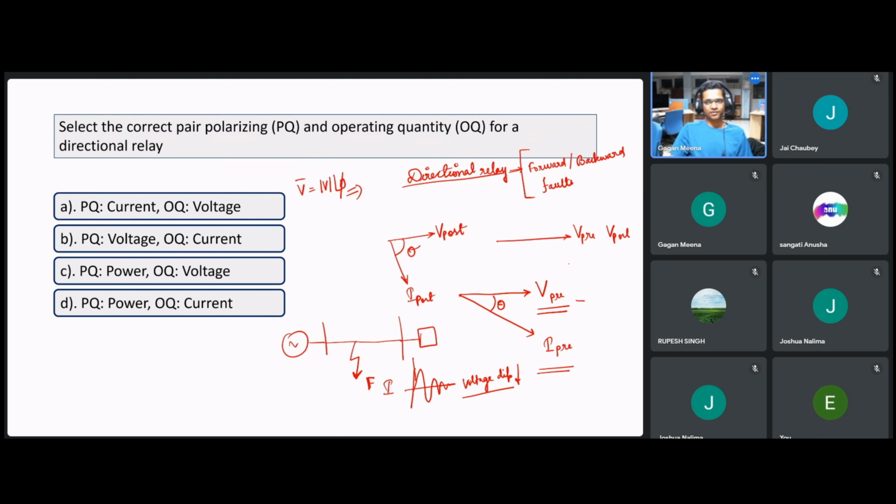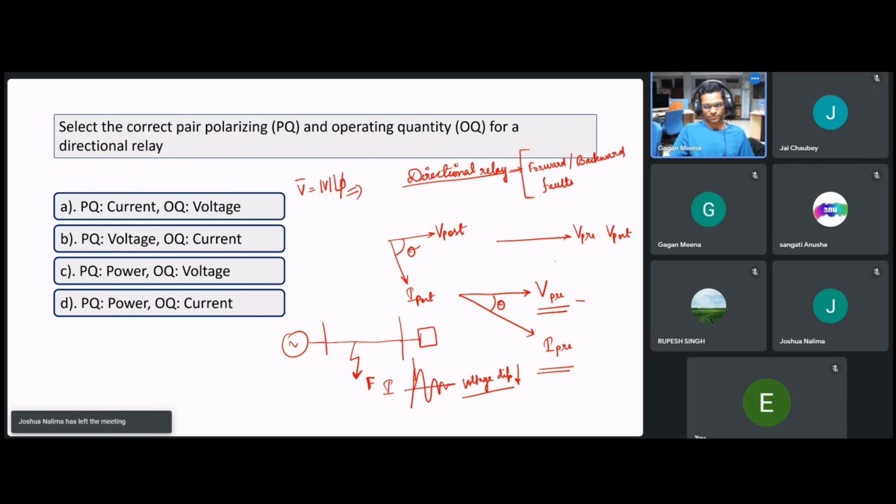So if the pre and post are both different, then the reference will change and we will not be able to correctly measure the difference. So when the fault happens, the phase angle of voltage does not change much.